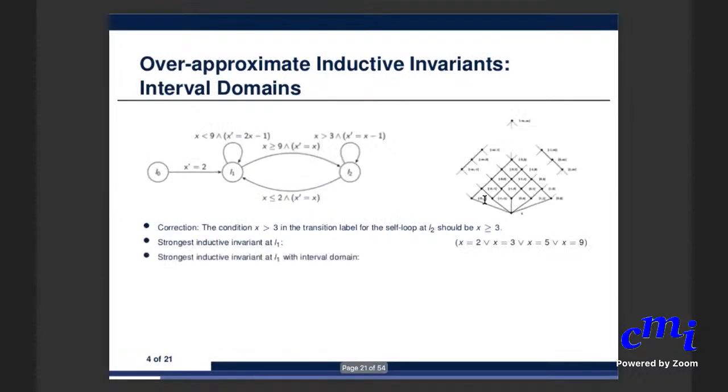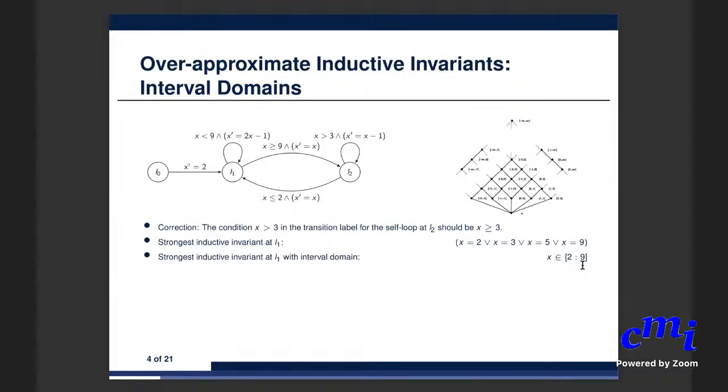So for example, your strongest precise inductive invariant can, in the interval domain, be approximated by saying that it is between 2 and 9.